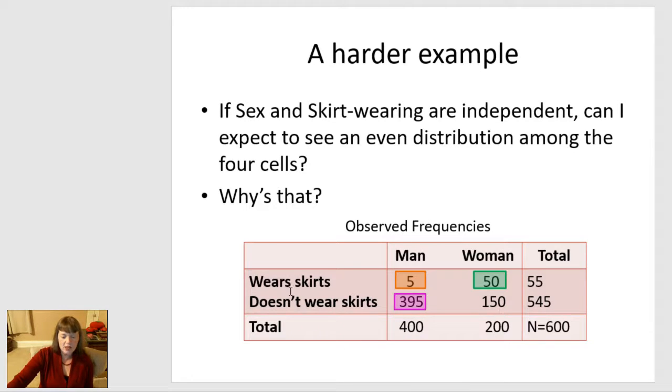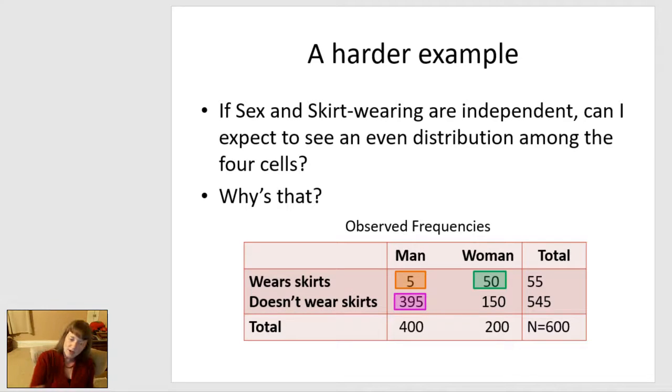And let's say when I look at skirt wearing versus not skirt wearing, I actually see not wearing a skirt as simply way more likely than people wearing skirts. I have 150 women claim they don't wear skirts because maybe women engineers are not likely to wear skirts. Where I have 50 women wearing skirts. Skirt wearing in this engineering class is just a whole lot less likely, period. And being a woman in this engineering class is just a whole lot less likely, period.